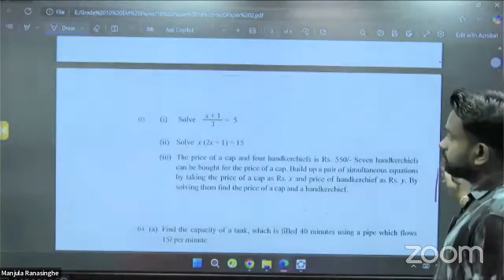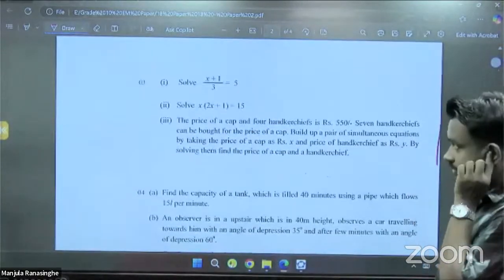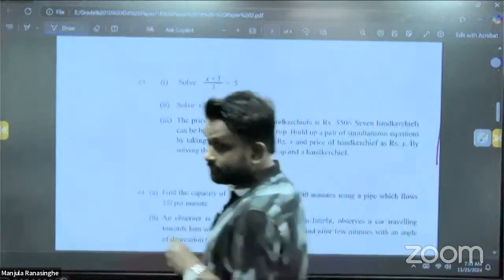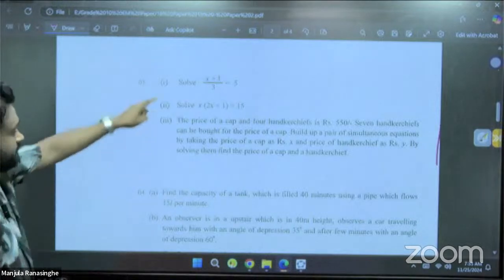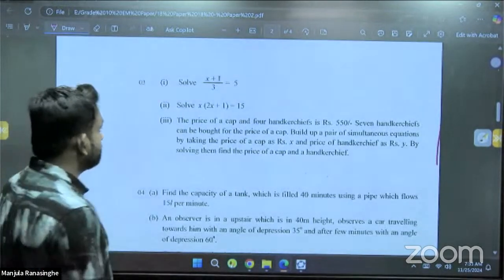Right, now we are moving to this kind of question, right? See that. Okay, now this is a simple equation. You can see the simple equation here.